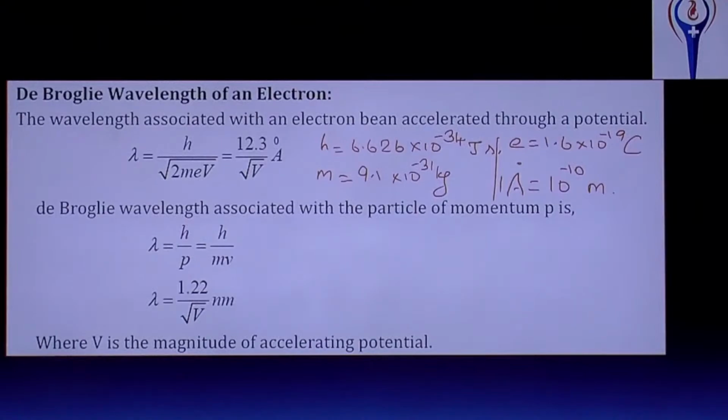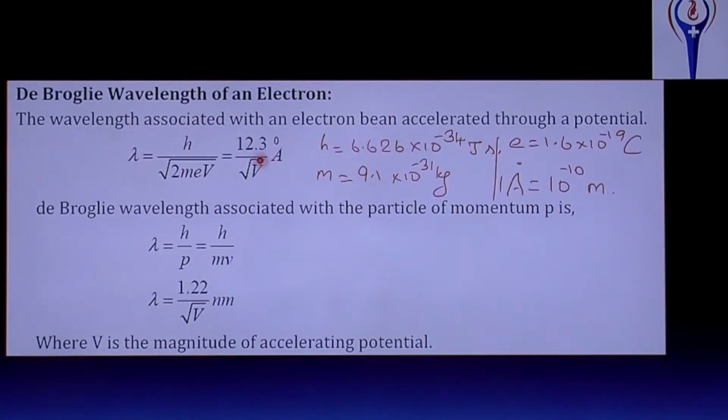What is V? V is the applied voltage or applied potential. Therefore, the simplified formula is lambda equal to 12.3 Angstrom by root V. So by knowing the value of V, no need to substitute these things and simplify.